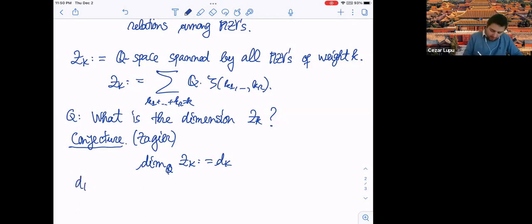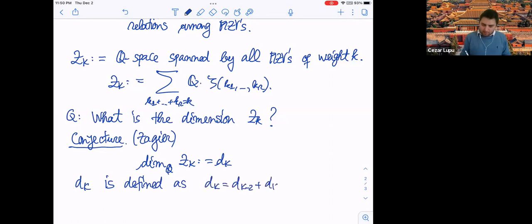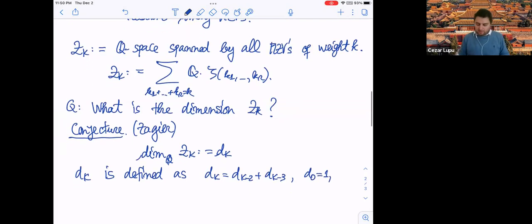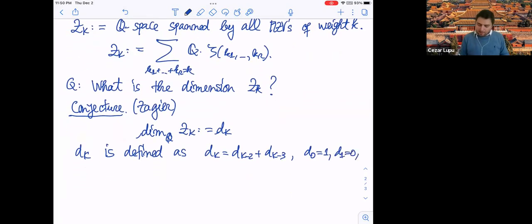d_k is defined recursively. So d_k is d_{k-2} plus d_{k-3}, right? And we also have that d_0 is 1, d_1 is 0, and d_2 is 1.